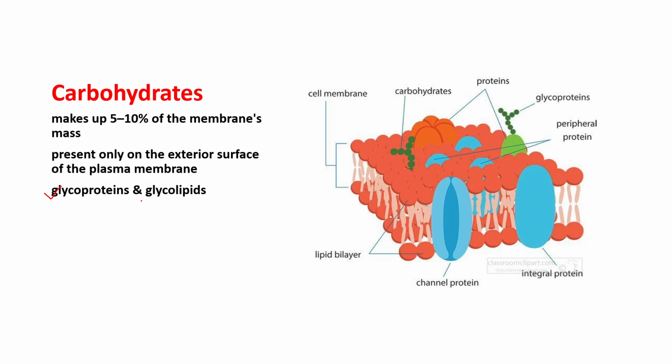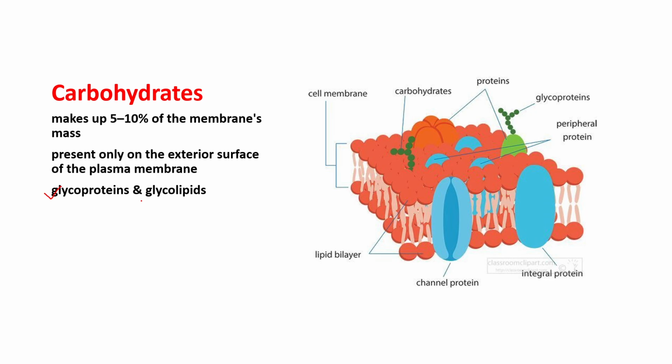Now these are some molecules that can be passed or cannot be passed through the plasma membrane. As we know, plasma membrane has selective permeability, so some molecules can pass through the plasma membrane, some cannot pass, so they require proteins or enzymes or any carrier to pass through.